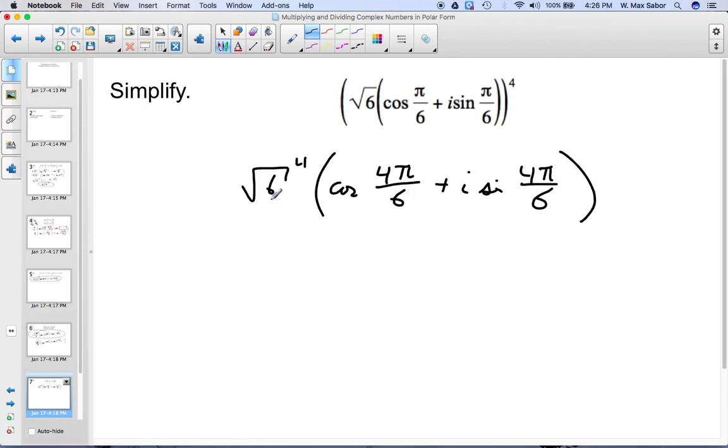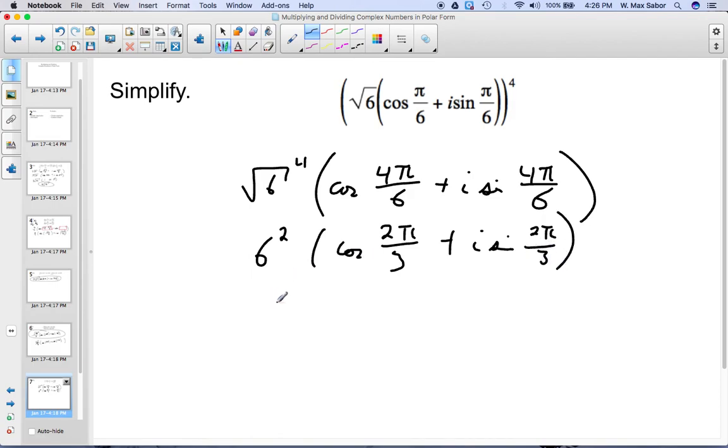So square root of 6 to the fourth, well, that's the same thing as 6 squared. And this is 2 pi over 3. And so our final answer can be 36 times cosine of 2 pi over 3 plus i sine of 2 pi over 3.